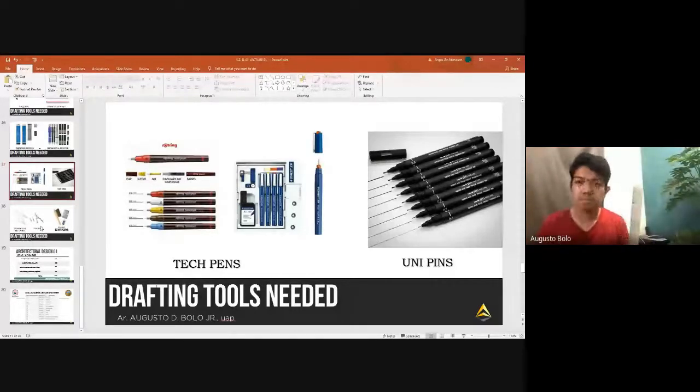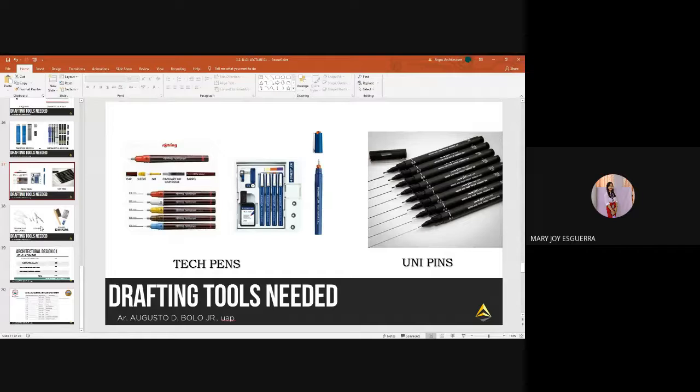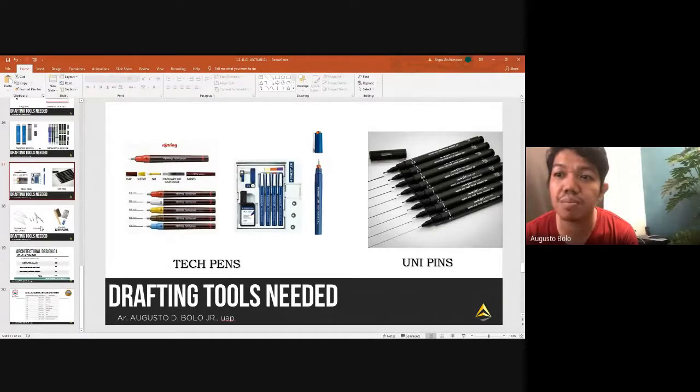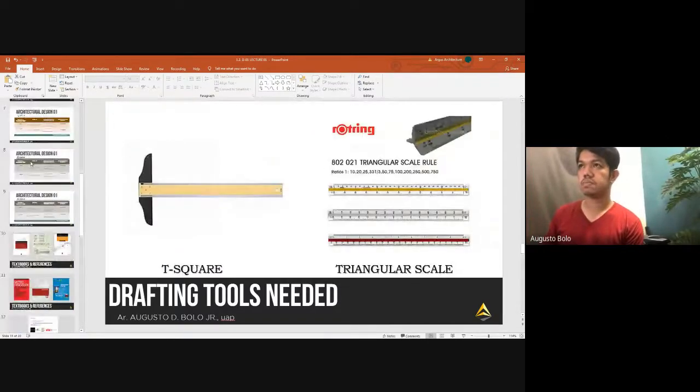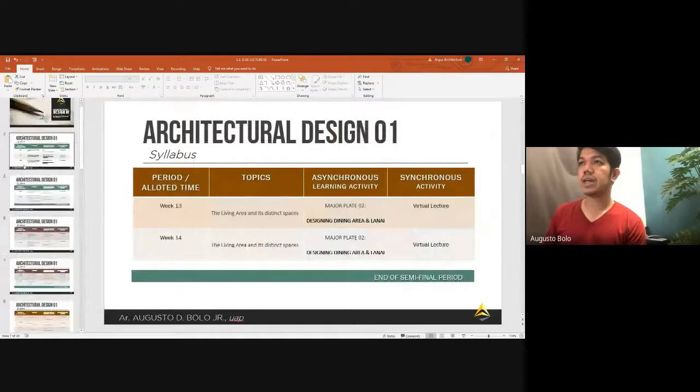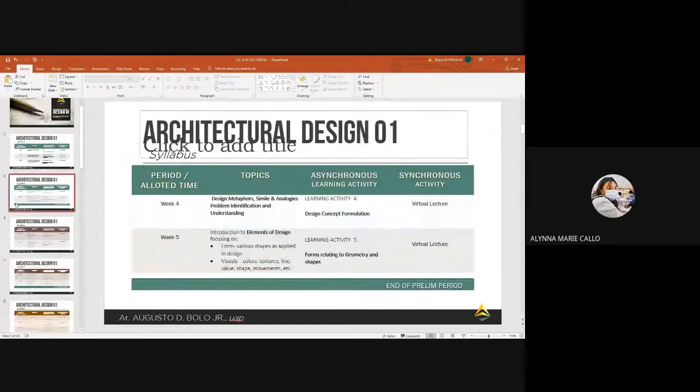Yes, Mary Joy? Mary Joy Esquera. Good morning po, sir. Gagamit na po ba kami agad ng tracing paper? Hindi pa naman. Major plate yon, which is we are on week 8. Week 8 pa tayo magkakaroon na.